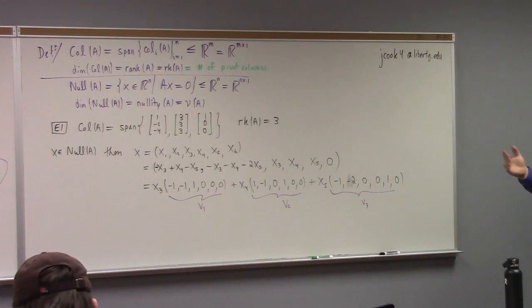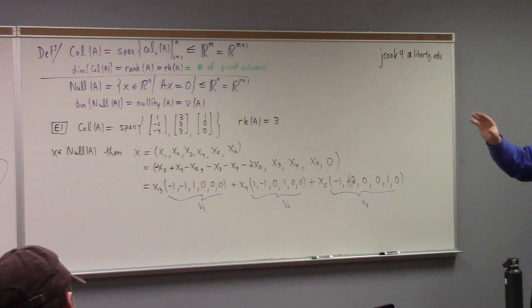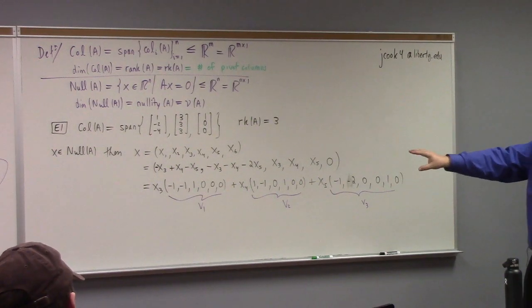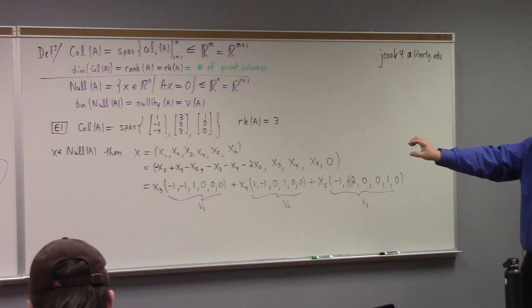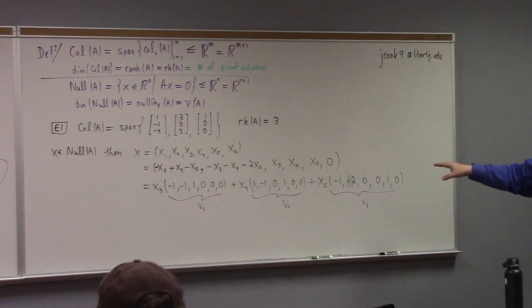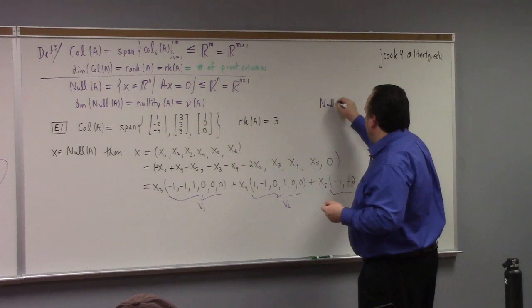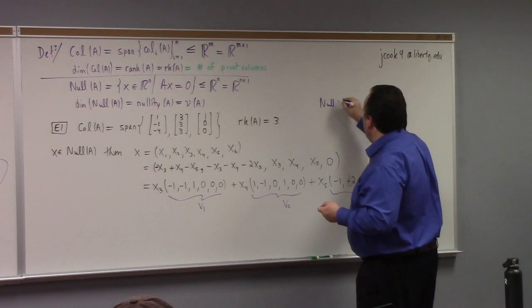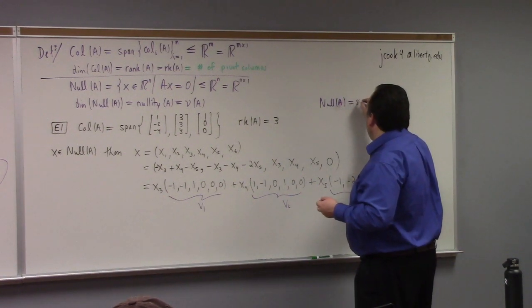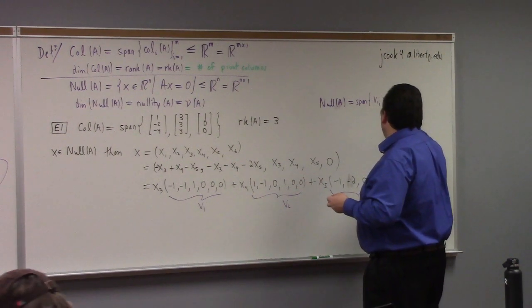So to find the basis for the null space, this is what you do. You look at the reduced echelon form, you write down the solution in vector parametric form as a span, and the vectors which appear in that linear combination are the basis for the null space. So the null space of A is the span of V1, V2, and V3.